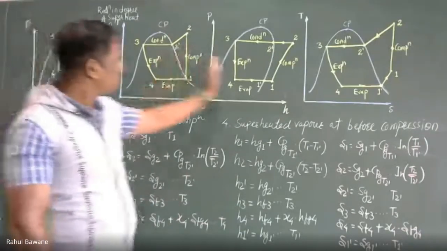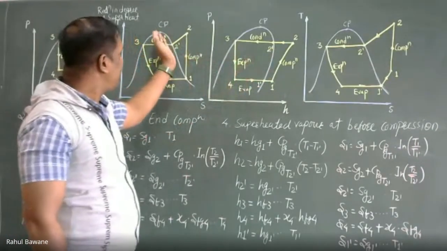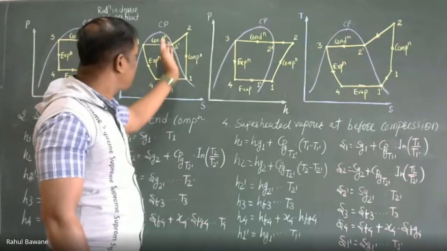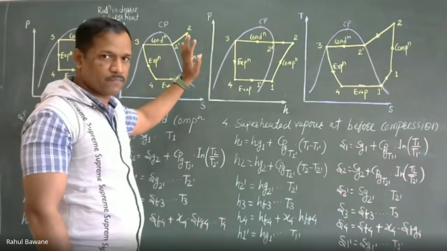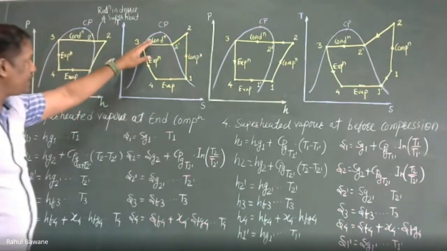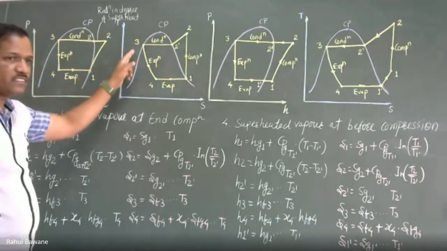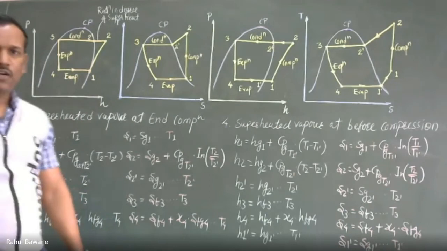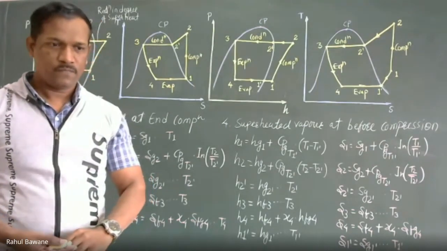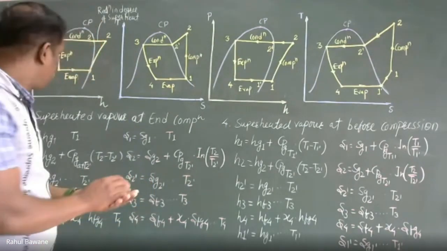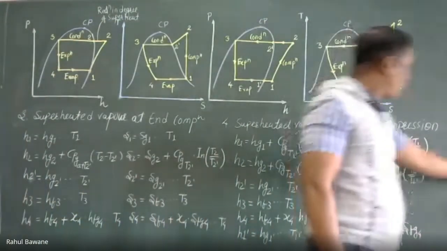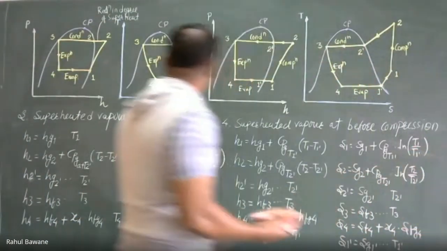We know what superheating is. If a point lies beyond the dry saturation curve, it is called superheating. If your point lies below or behind the saturated liquid line, then it is called subcooling. That is the last portion, so let us see that last point, when there is subcooling.